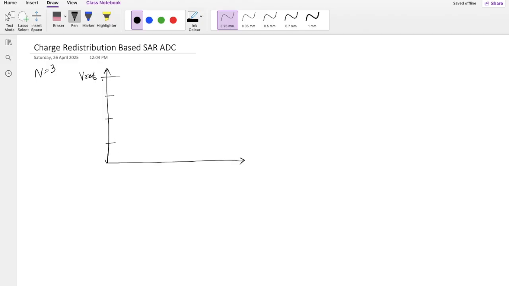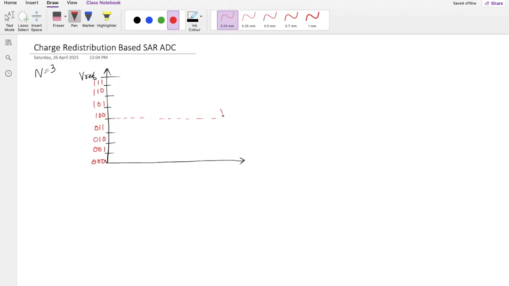And we said that if it is lower than this one, then this is 000, then this is 001, 010, 011, 100, 101, 110, then 111. Okay, so we are defining these different threshold levels.